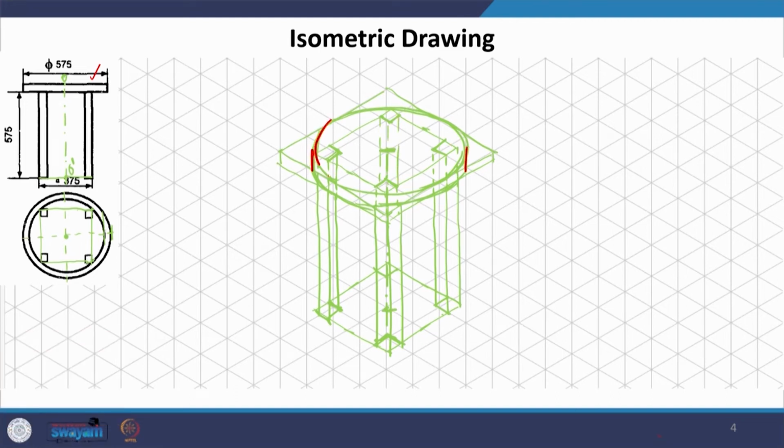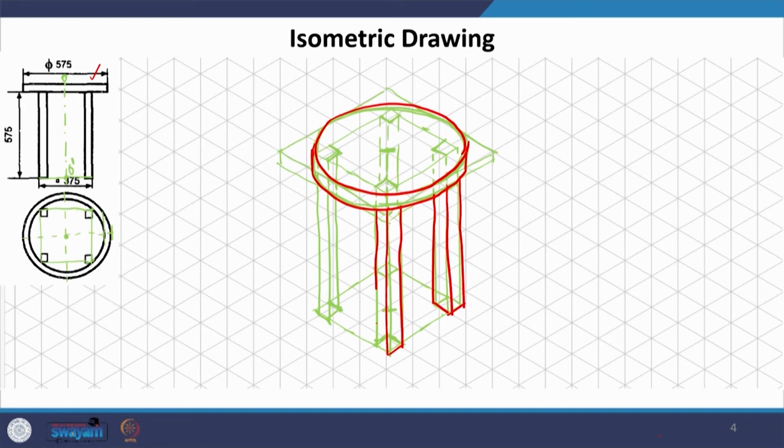So, we can just finalize this one, this is the circular plate of the stool. This is the visible portion of the legs. So, all we had to do was exactly ascertain where the legs are going to be placed and then just draw the sections and then put them all together. This is the stool with straight legs and a circular top.